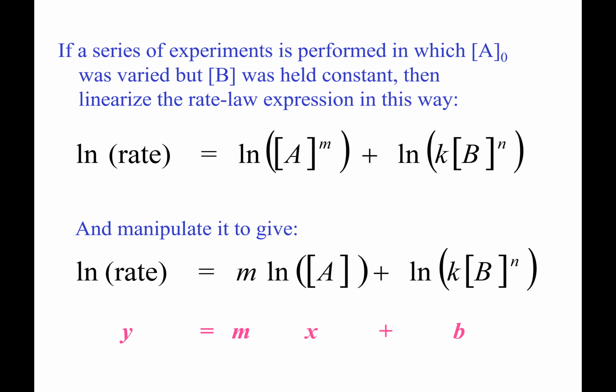And along the x-axis, I'm going to go with the natural log of the molar concentration of A. It will have a positive slope, and the slope of the line will be equal to, I know it's weird, the variable for slope is m, and this is the reaction order. 2 m's, go figure. The slope m is equal to the reaction order m.